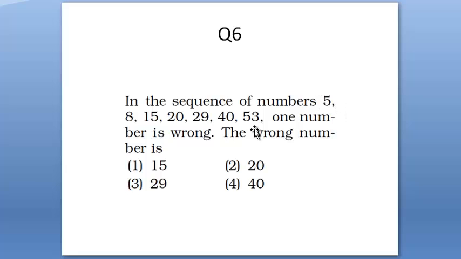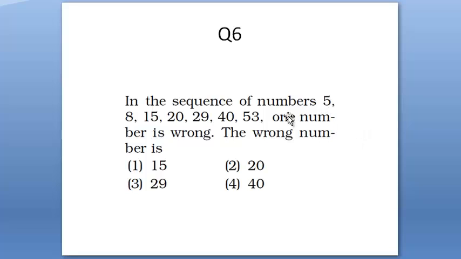So you take 5, you add 3, you get 8. To 8, 7 is added and 15 is obtained. To 15, 5 is added and you get 20. To 20, 9 is added to get 29. Then 11 and 13. So the pattern that comes in between is obviously the odd numbers.